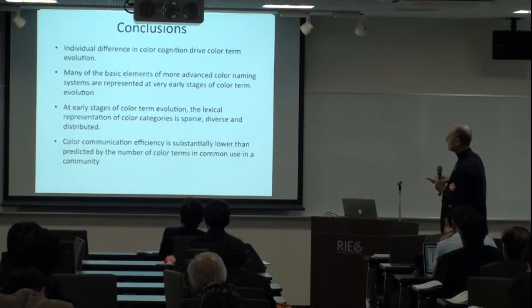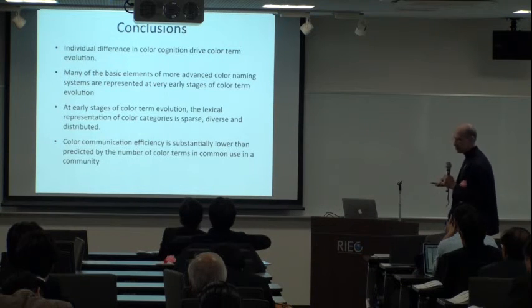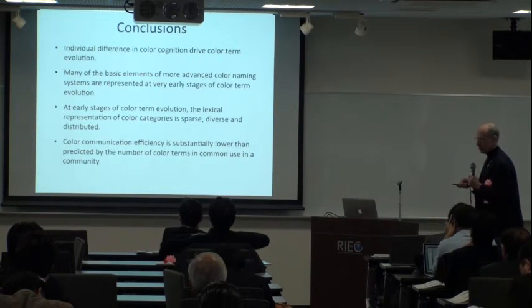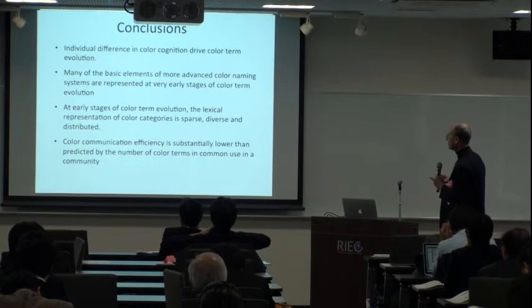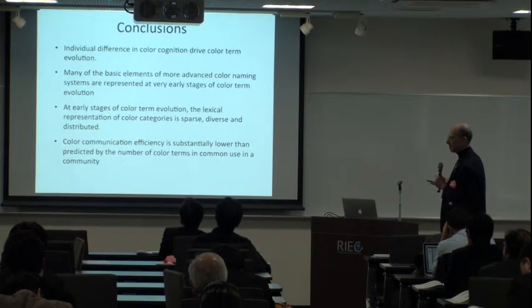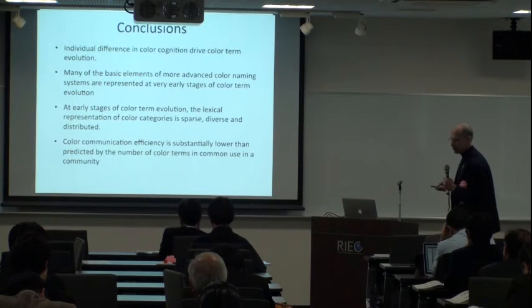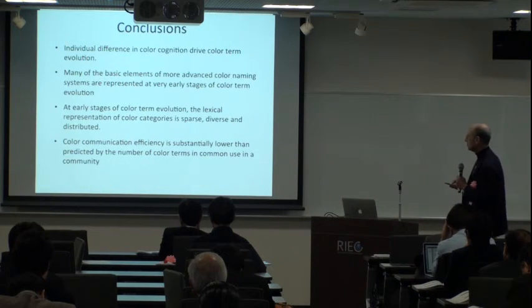At very earliest stages of color term evolution, we think indeed the color categories are sparse. People are unsure about how to name the colors that they see in front of them. They are diverse, as I pointed out, lacking consensus. But finally, most importantly, they are distributed in the sense that we see these advanced systems implicitly in the language community.